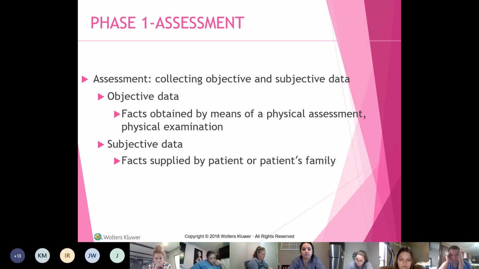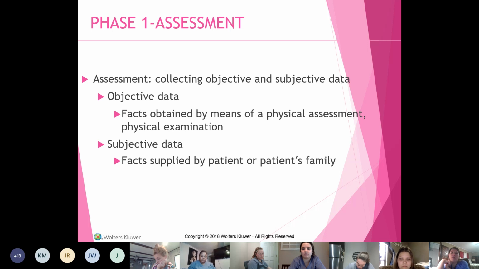You don't have to have low blood pressure to be dizzy, but we need to know those things. So objective data is measurable. Subjective data is usually verbally given, okay? So blood pressure, yes, that is an assessment finding that we will need when administering medications.